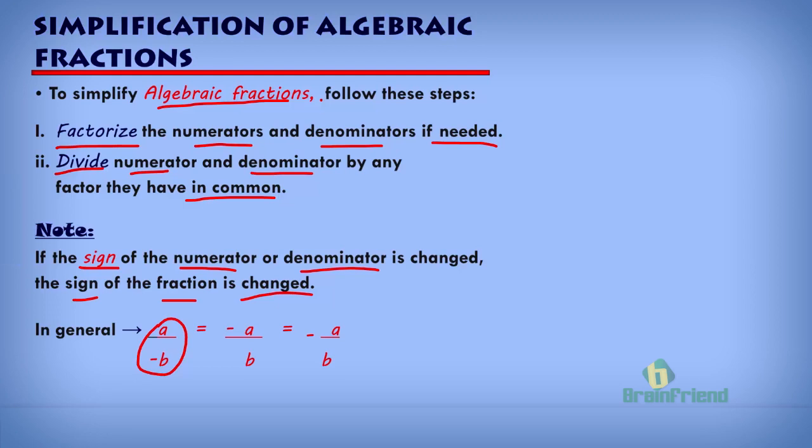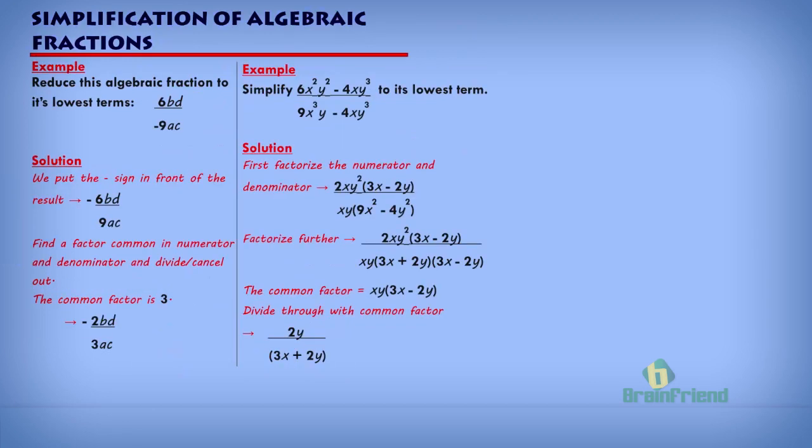It is also equal to minus a over b. Of course, this negative sign is attached to our numerator, but this is the form in which it is put. So we say it is minus a over b. Now, the minus affects all of our expression there, a over b.